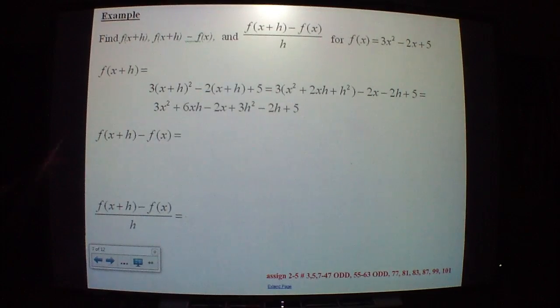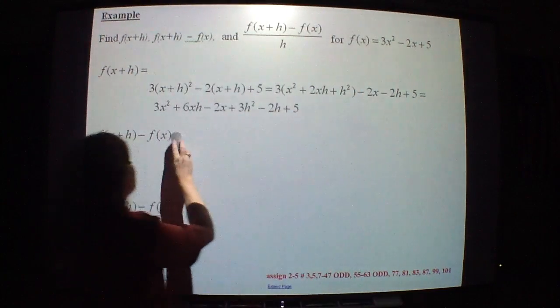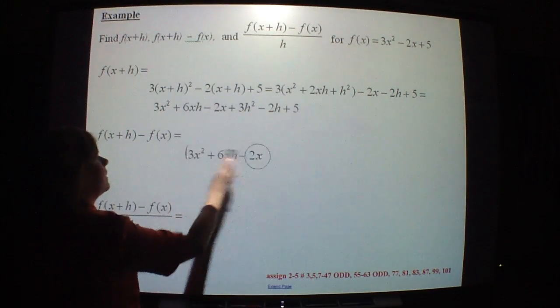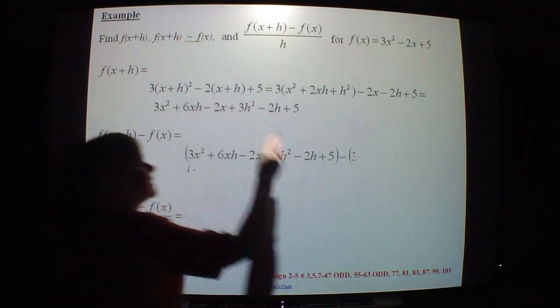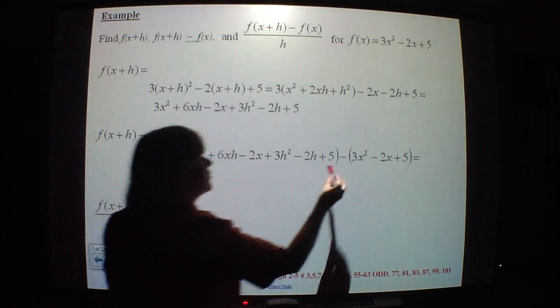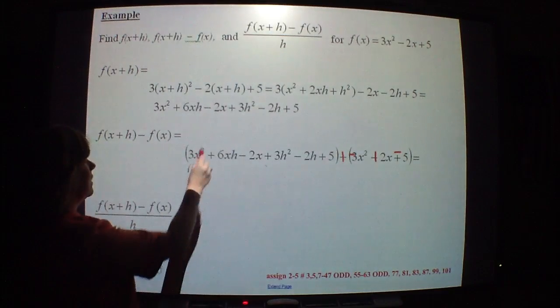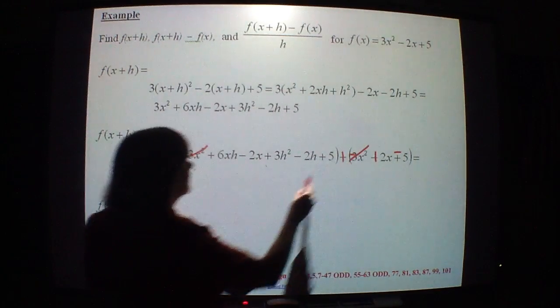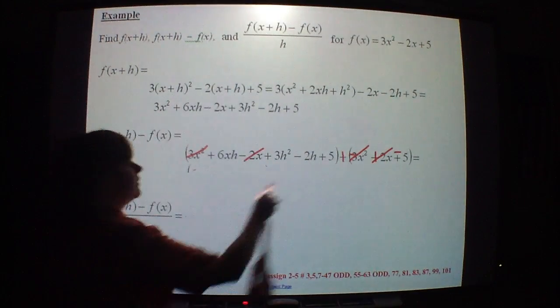Now, I want f of x plus h minus f of x. So I want this minus f of x. That's the next thing I'm going to do. This is what I have in the first part, minus my f of x. Distribute the negative. And notice, positive, negative. Positive, negative.